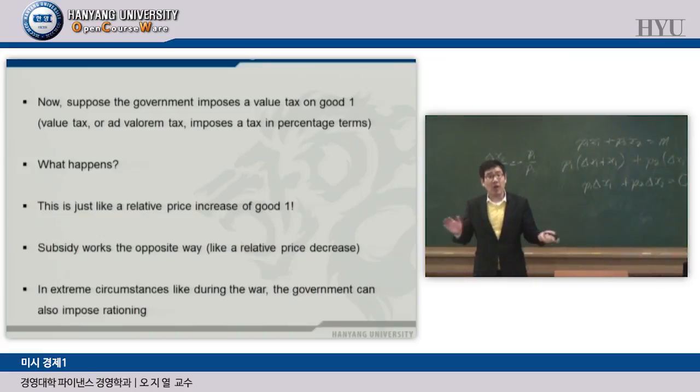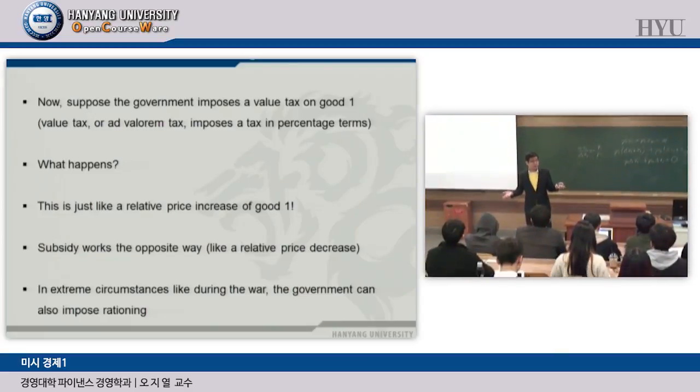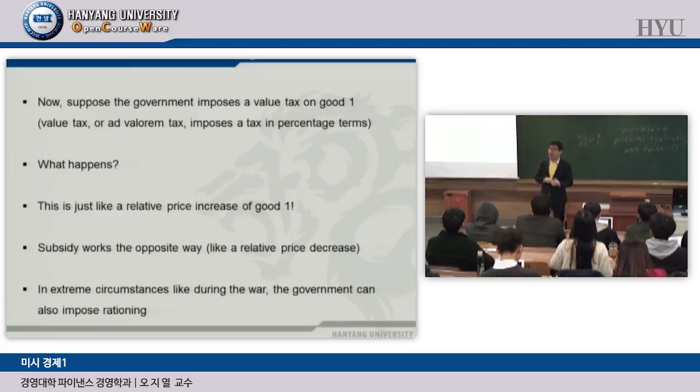Okay, so 3,000 won was what beer was being sold for before. If you add a 10% tax on beer, then now it's being sold for 3,300 won on the market, right?